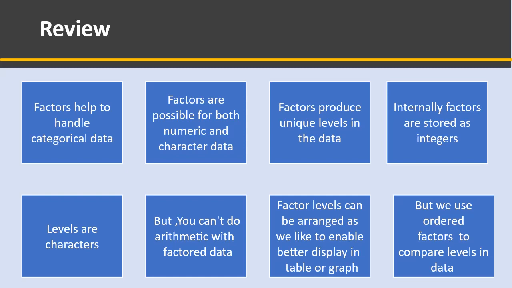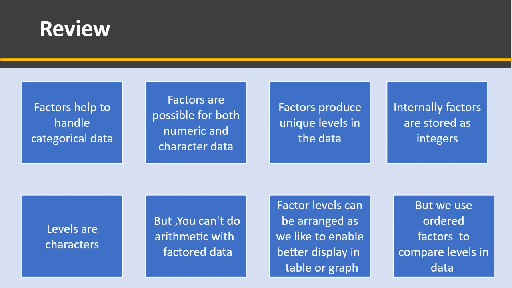It is time to wind up this session. We have covered solid ground in factors in 2 videos and a review is in order. Factors help to handle categorical data. Factors are possible for both numeric and character data. Factors produce unique levels in the data. Internally, factors are stored as integers. Levels are characters.